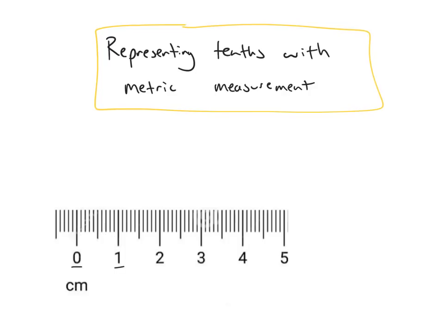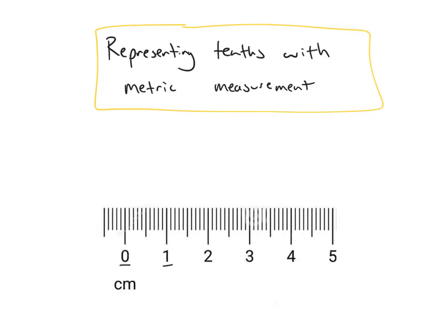Let's say, for example, I wanted to draw a line segment that was 2 6/10 centimeters long. What I would do is start at 0 and first draw the line segment that represents the whole number, 2 centimeters. Then after that, I would add on 6/10 or 6 tick marks past. So I go 1, 2, 3, 4, 5, 6.